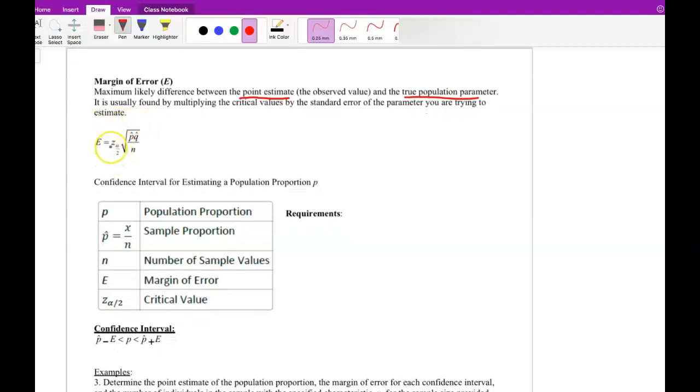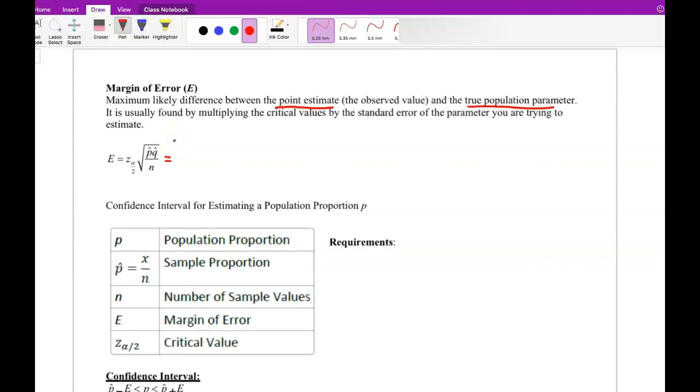So this error is equal to z alpha divided by 2 times square root of p hat times q hat divided by n. We can also write this as times, we have p hat instead of q, 1 minus p hat.